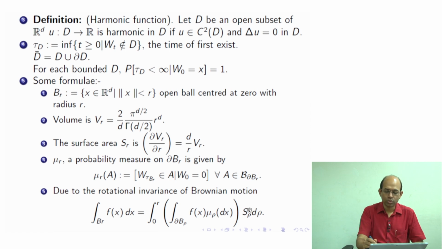Why do we need S rho? Because mu is normalized, it is a probability measure. As the surface is growing, the measure of the surface would be S rho times mu rho, because mu rho is just a fraction, just a probability. So it is the integral of f d mu rho times S rho d rho, from 0 to r.